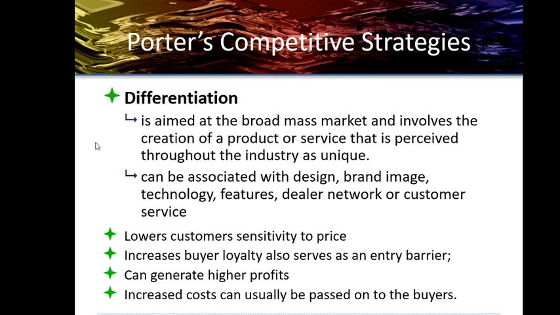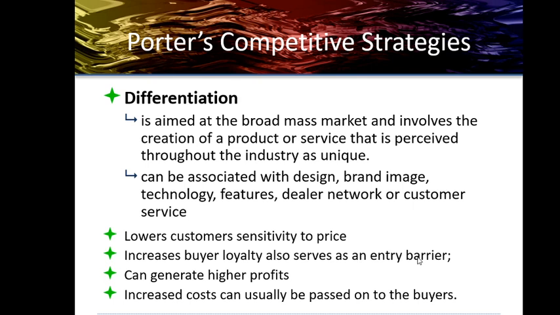Now, what are the benefits of the differentiation strategy? It will lower customer sensitivity to price. I will not be sensitive if I have to pay high prices. Why? Because the quality is high, because the product or service that I am paying for is differentiated. Second, it will increase buyer loyalty and also serve as an entry barrier.